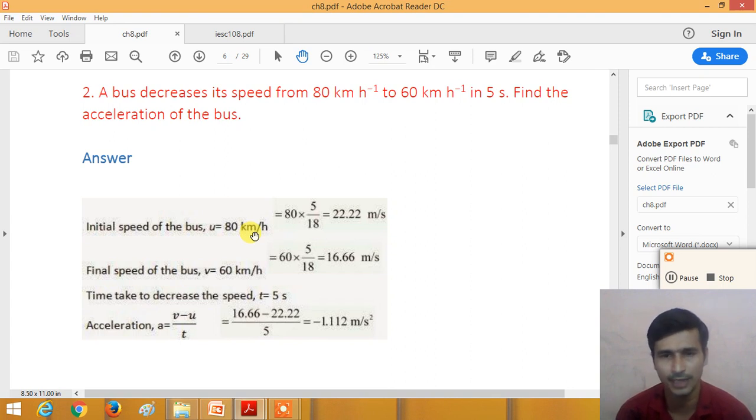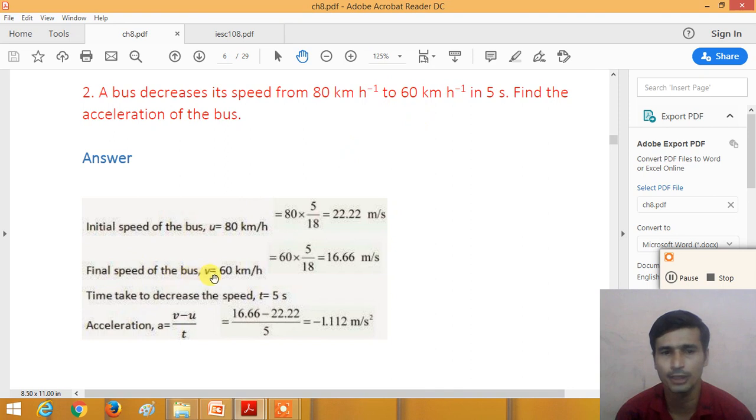By multiplying by 5 by 18. So 80 multiplied by 5 by 18, we get the answer 22.22 meter per second. So 80 kilometer per hour is equal to 22.22 meter per second.